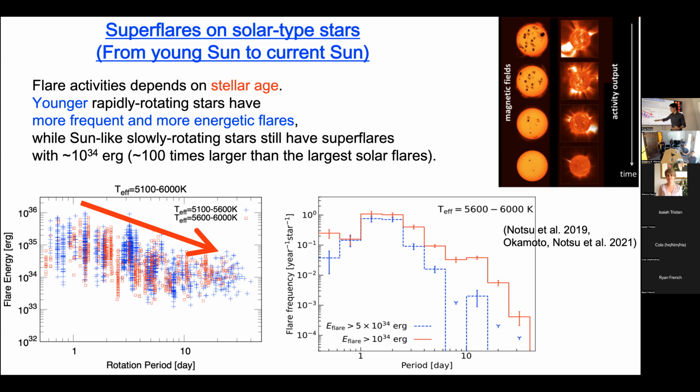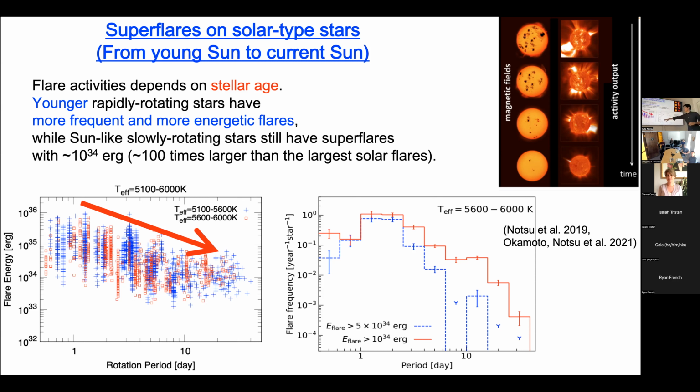The largest solar flare we know in the recent 160 years is around here. So possibly a 100 times larger superflare can occur on a sun-like star. But the young sun, rotating with a period of 1 day, 2 days, can produce up to 10^36 ergs. So 10,000 times larger superflares can occur on a young, rapidly rotating sun.